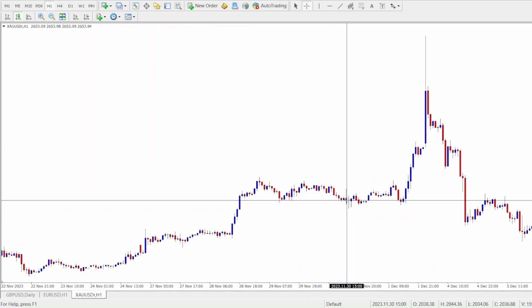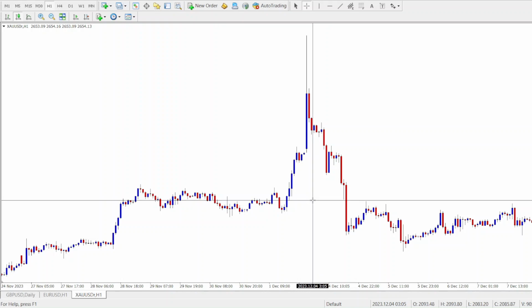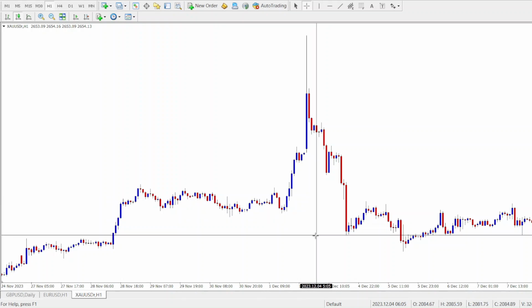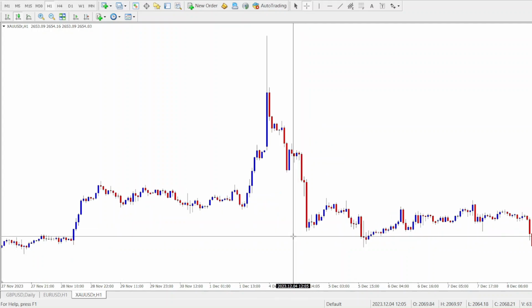The morning star is a 3 candlestick pattern. It signals bullish reversal, because we're actually talking about bullish reversal. It consists of a large bearish candle. So let's just explain how it looks before we continue looking for it. A large bearish candle is the first candle in that 3 candle pattern. Then it's followed by a small indecision candle, which is often a doji.